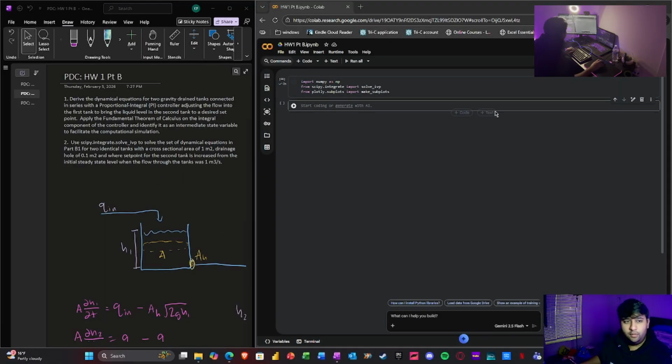Okay, so this is the coding. We got our Colab all started up. I already wrote all the imports and everything that we need for this code. So let's just get started. 9.8, and this is just our gravitational constant, of course.